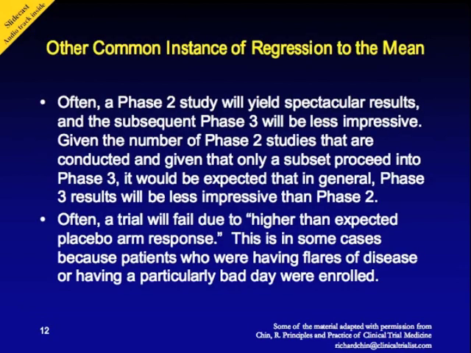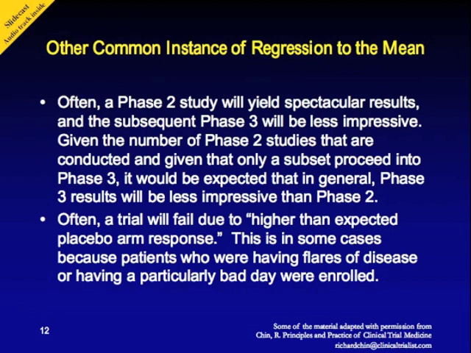Now, I will say regression to the mean is seen across studies as well. So, for example, it's not uncommon that a small phase 2 study will show spectacular results, and then the compound will fail in phase 3 or be less impressive.